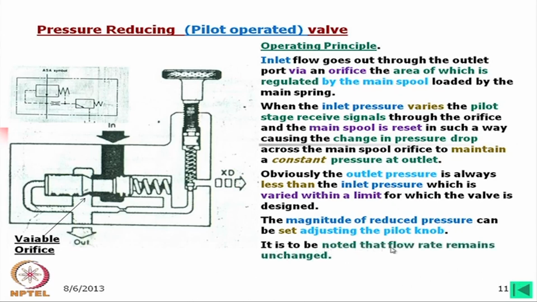It is to be noted that the flow rate remains unchanged. The flow rate normally will remain unchanged within this range. If this is an excess flow system, that means this flow will always go through the pressure relief valve. XD is the optional external drain port.